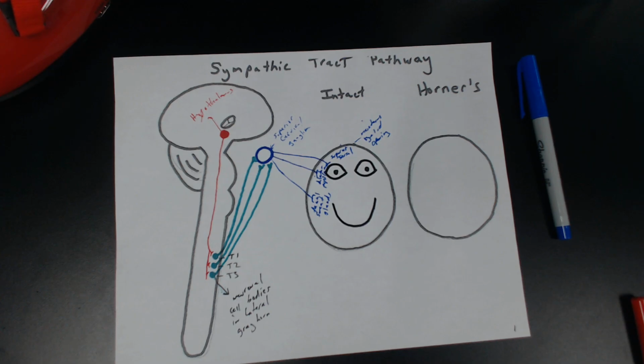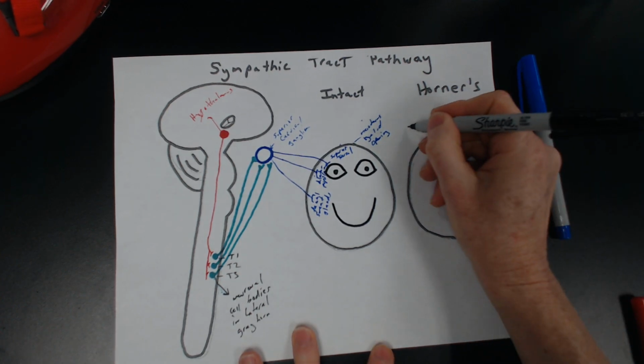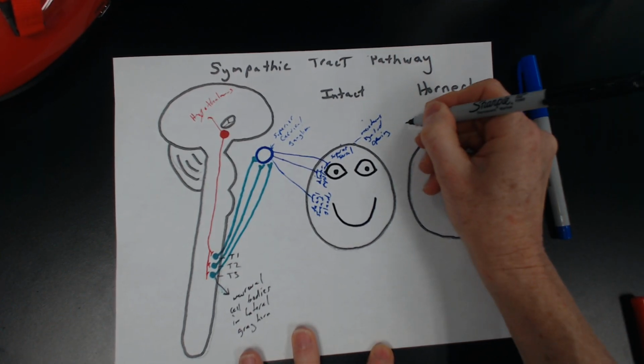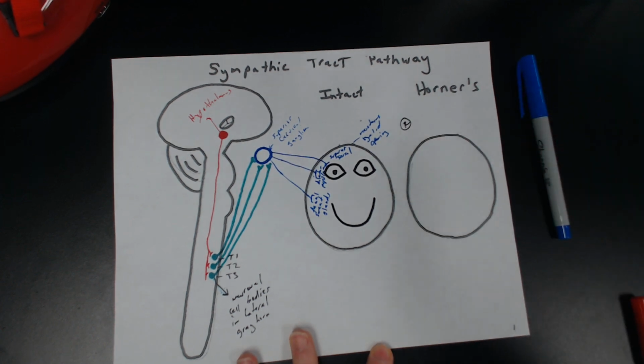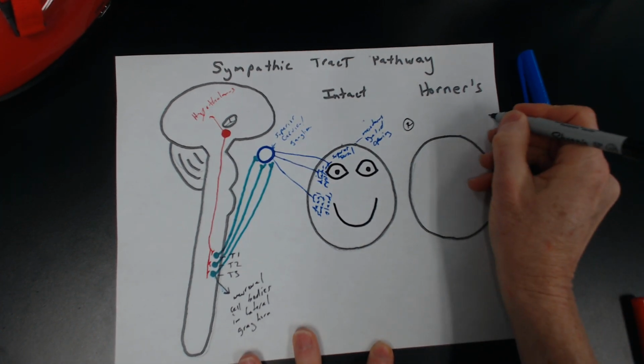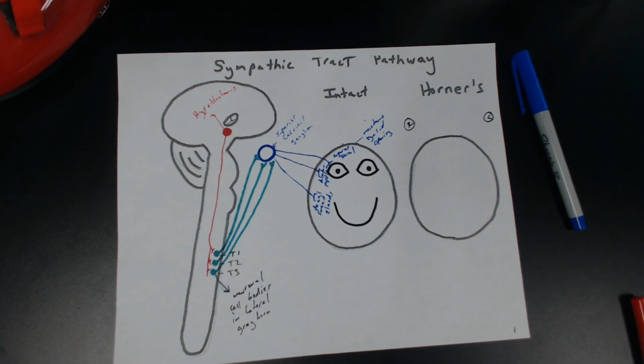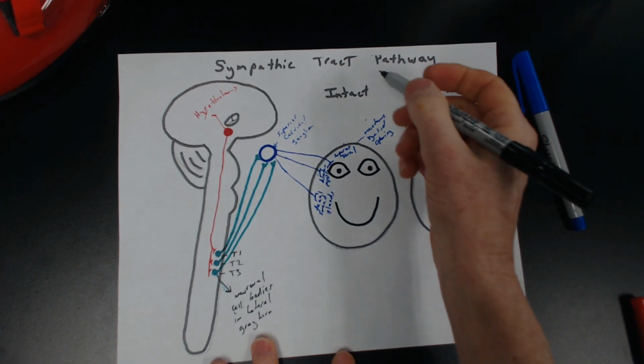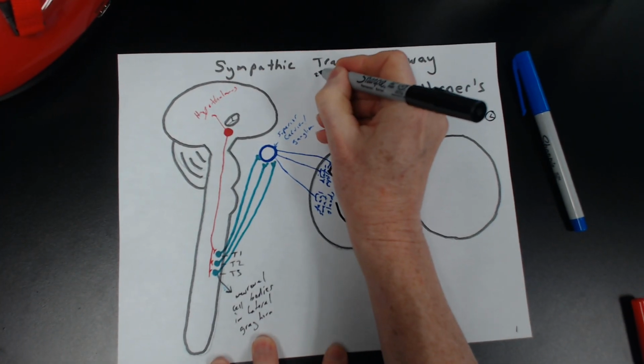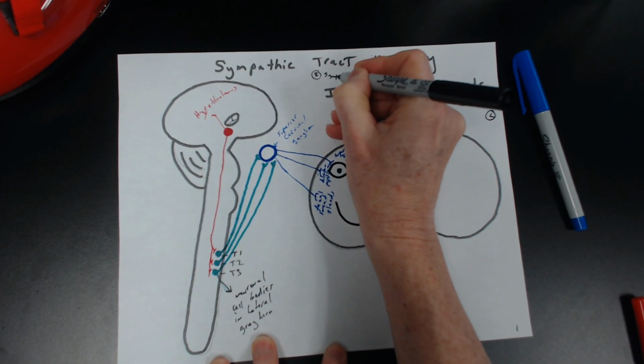Anything's possible, but you know when you see Horner syndrome that it's a disruption to the sympathetic tract pathway somewhere. So let's go ahead and make this a right side. The right side is over here, and the left side's over here. Horner syndrome is going to present ipsilaterally. Let's say that this is a problem with the right sympathetic tract.